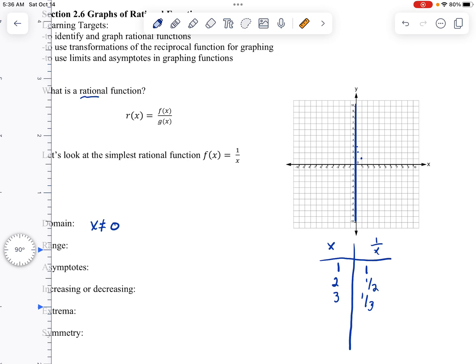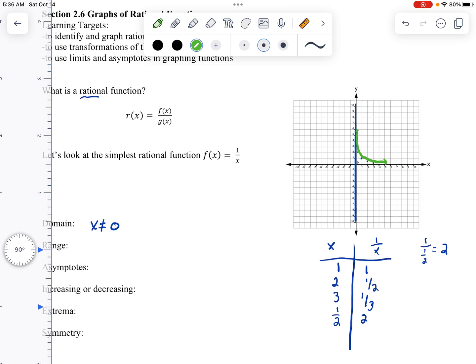And then if we look at the reciprocal, if I plug in 1/2, well, 1 over 1/2 gives us 2. So 1/2 gives 2, 1/3 gives 3, and so on in that pattern. Let me make it a different color than the asymptote. And my graph looks something like this.